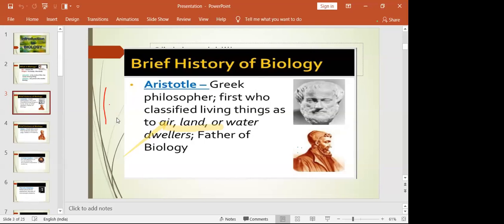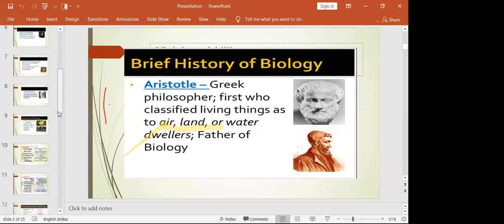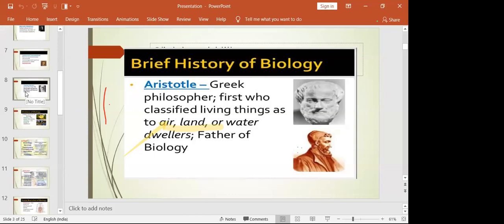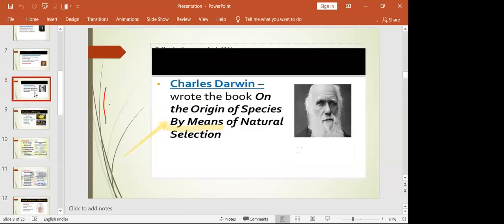And who is the father of modern biology, children? Charles Darwin. Charles Darwin is the father of modern biology. He wrote a book, On the Origin of Species by Means of Natural Selection.